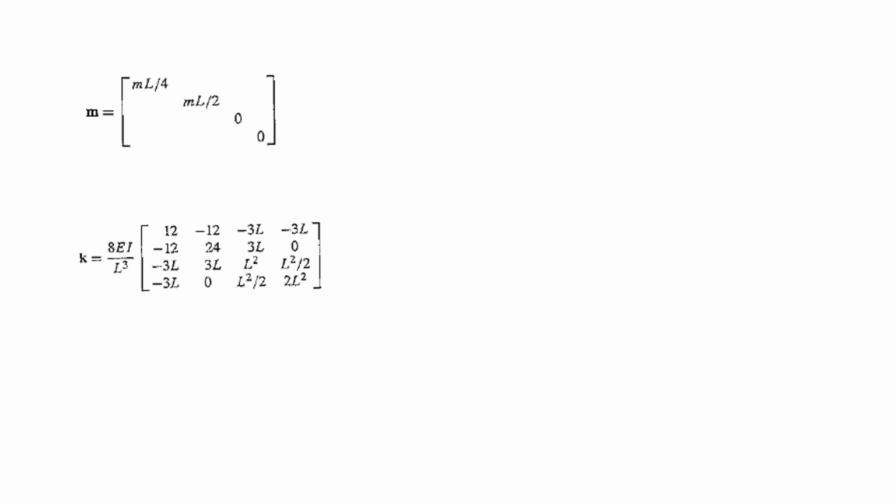We already have determined the values of K11, K12, K13, K14, similarly K21, K22 and so on. Now these values are substituted here, and the stiffness matrix is determined in terms of EI by L cube.